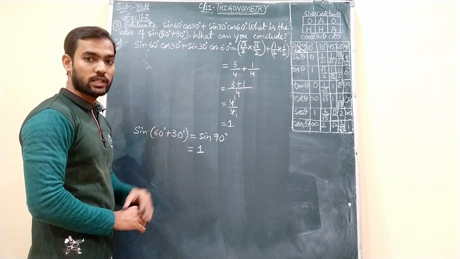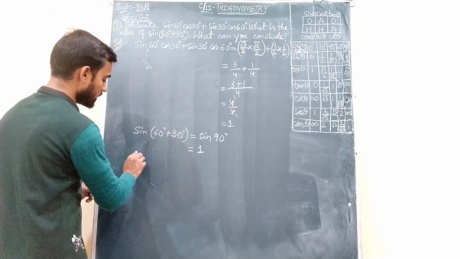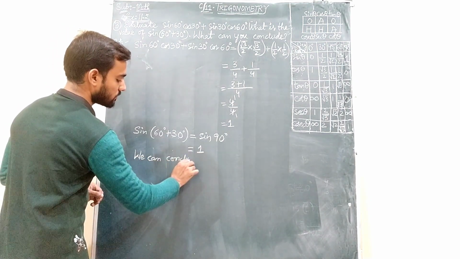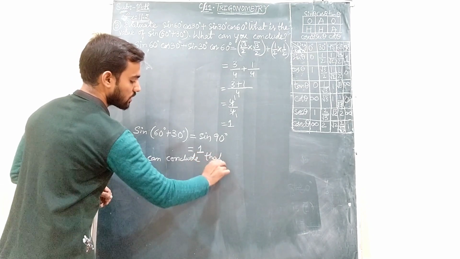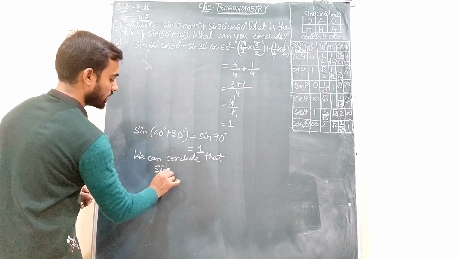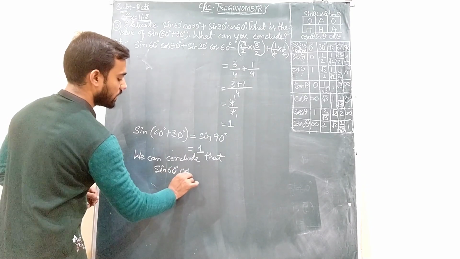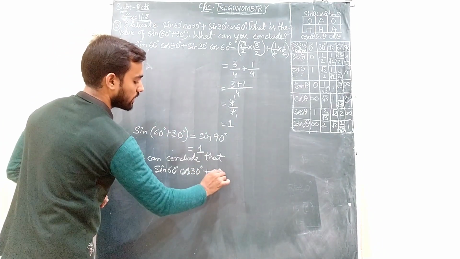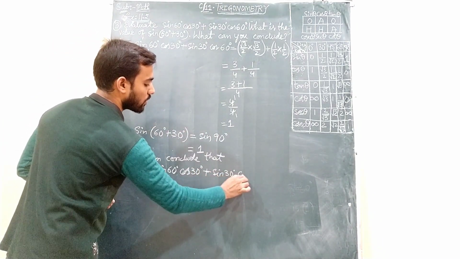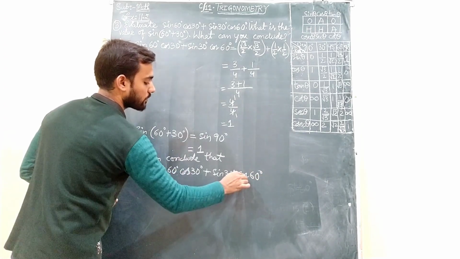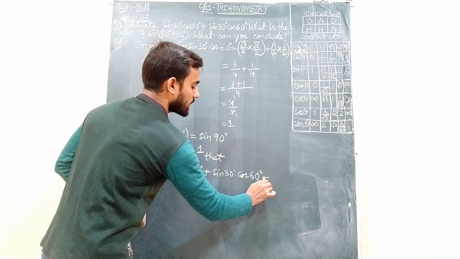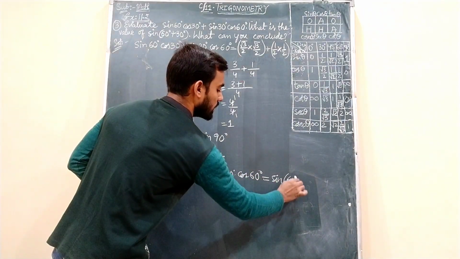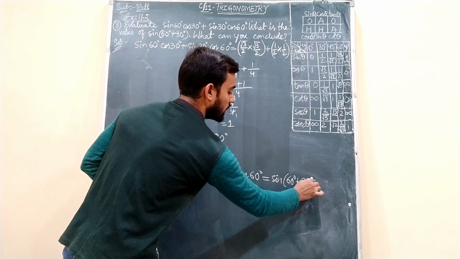So what can you conclude? That both are same, right? So that only we need to write. We can conclude that sine 60 degree into cos 30 degree plus sine 30 degree into cos 60 degree, this first expression value is same as the second expression value, that is sine of 60 degree plus 30 degree.